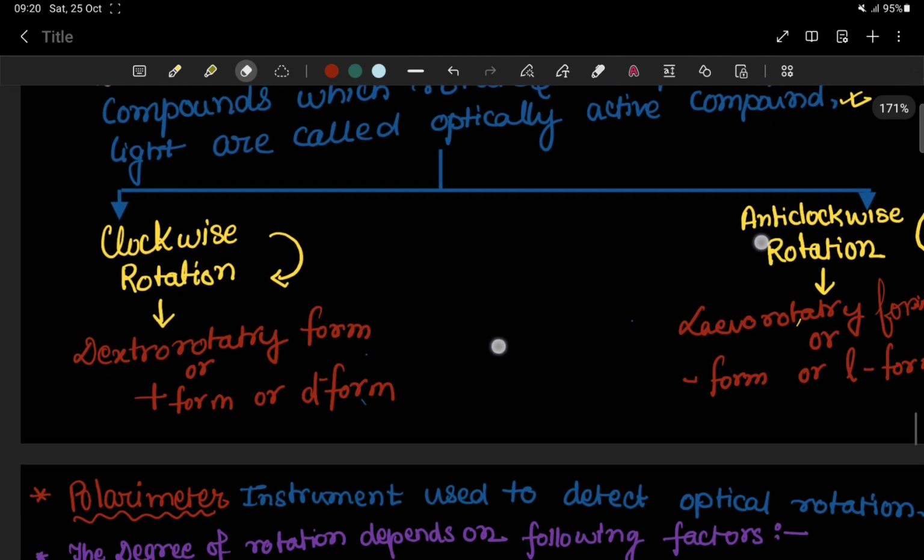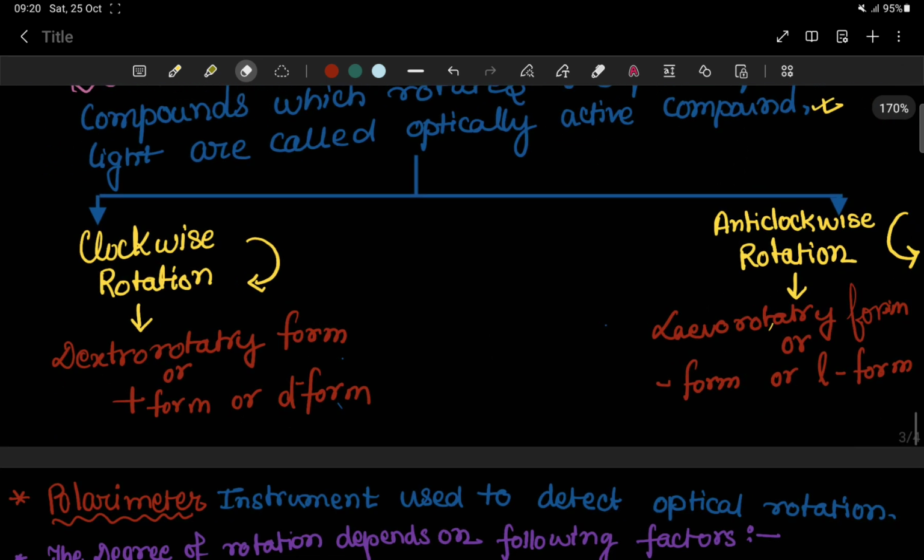Now coming to the division. One which can rotate the light clockwise is known as the dextrorotatory form, and another one which can rotate the light in the anticlockwise direction is known as the levorotatory or minus form.